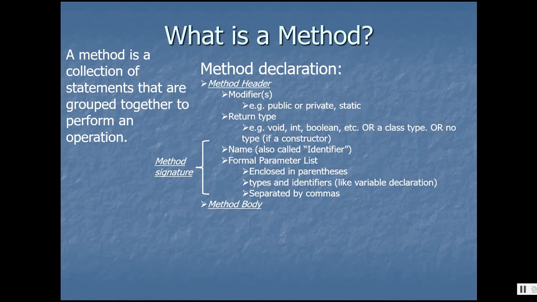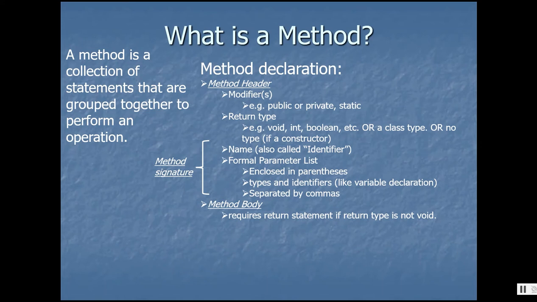And then there's obviously the method body, and the method body has the code that executes when that method is invoked. And that's stuff that's taking place in between curly braces. And maybe you have to have a return statement if, in fact, you have a return type other than void in your methods.